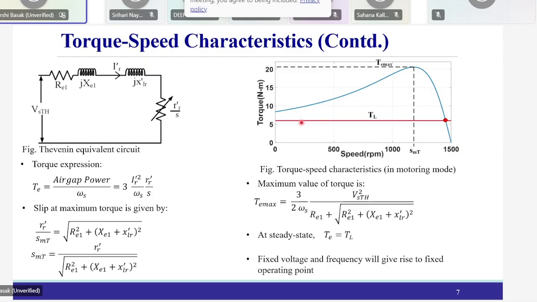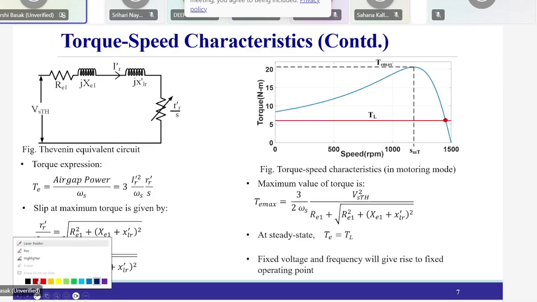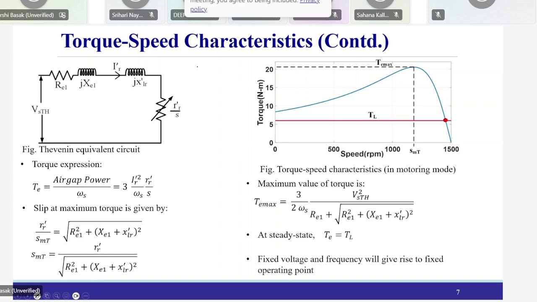If you see that there is a low torque, that means you have this induction motor. What I mean to say, you have an induction motor. Okay.